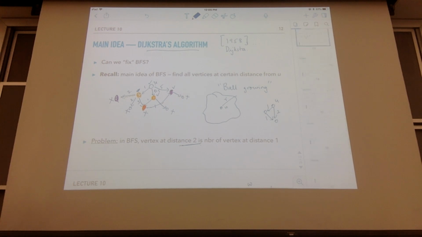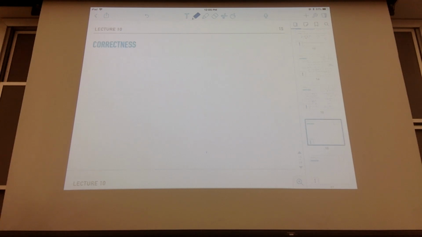Okay, so I still haven't shown the correctness of the algorithm. And it turns out that correctness is actually kind of nice. The claim here is even simpler than the claim earlier.